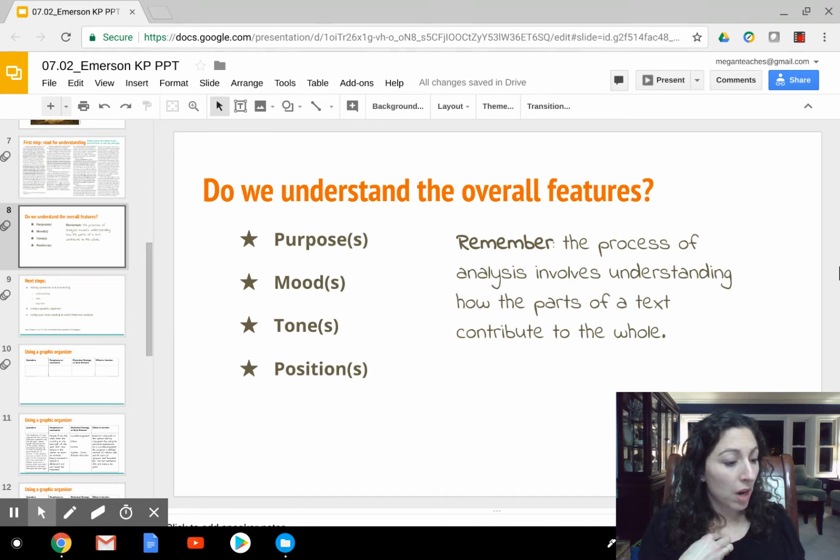The mood I described as thoughtful and reflective. His tone, his attitude toward nature, is certainly admiring, if not awestruck. And his position, going back to what I said with purpose, is that nature is best.